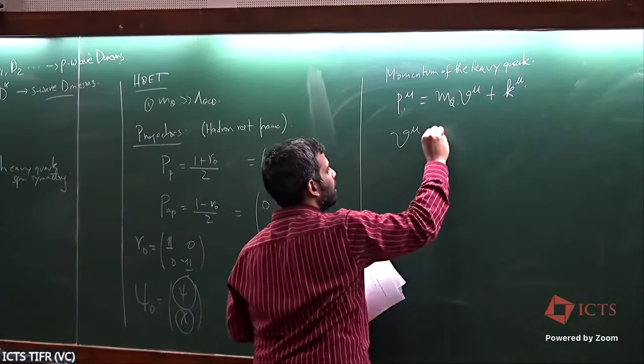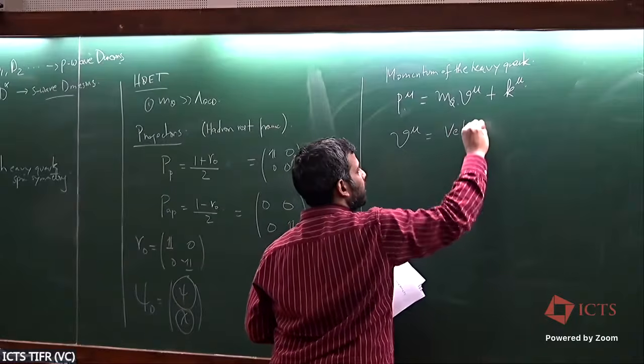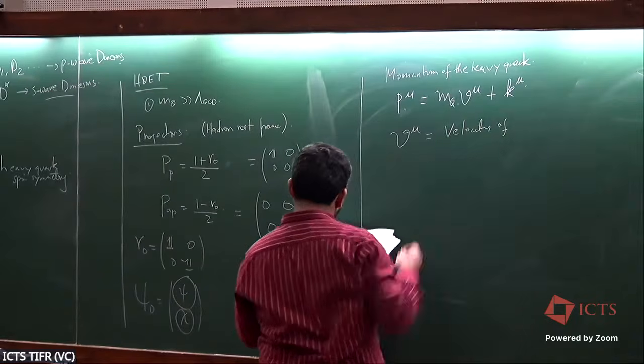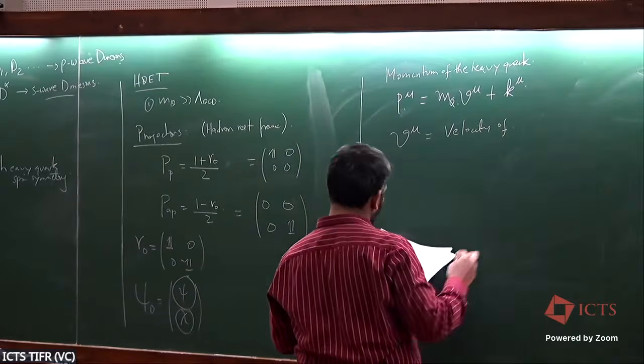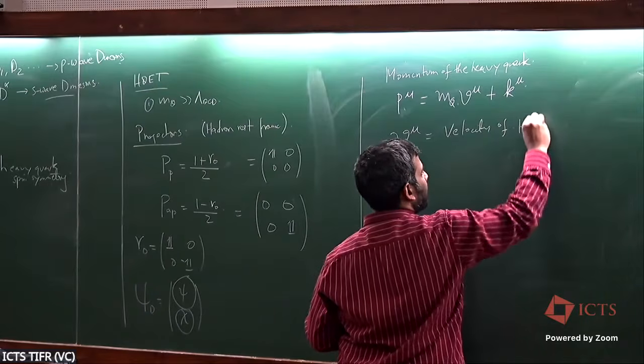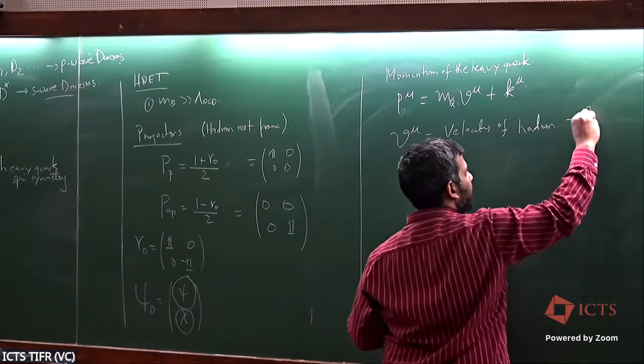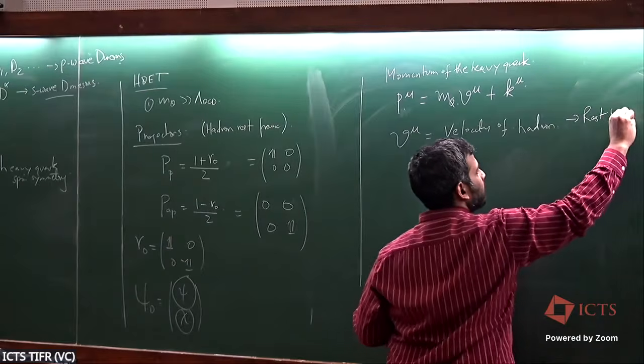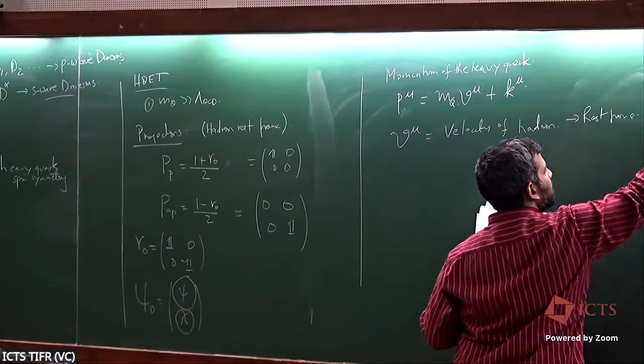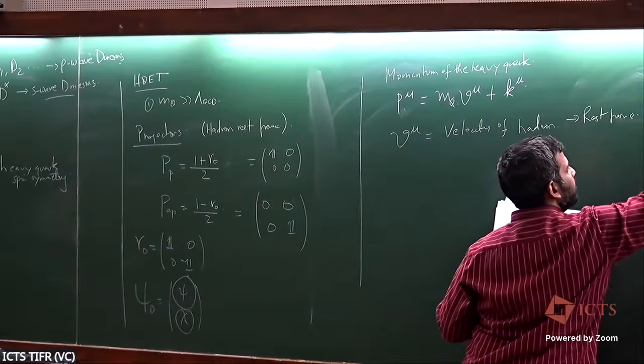V mu is the velocity of the hadron, and in the rest frame, this means 1, 0, 0, 0.